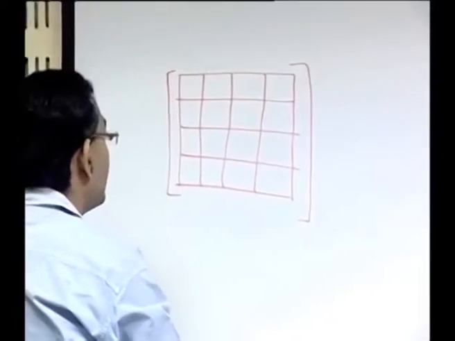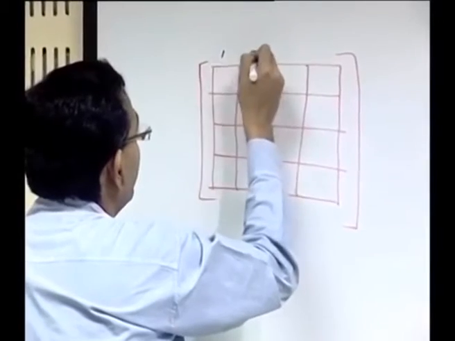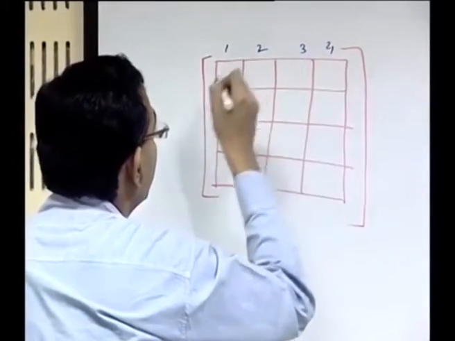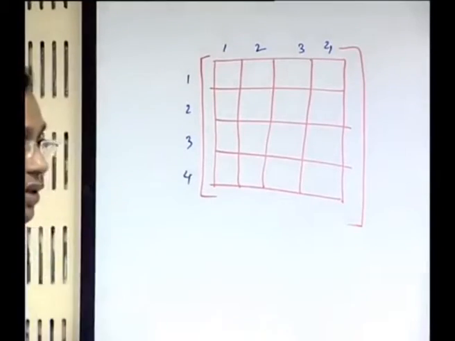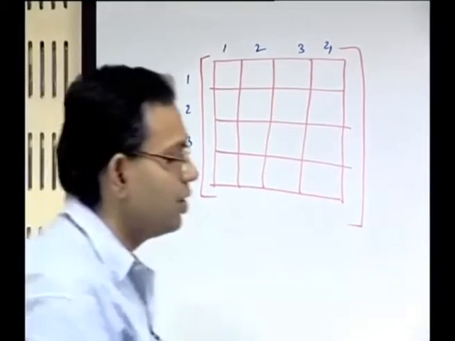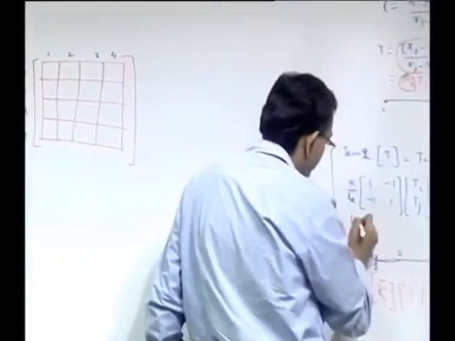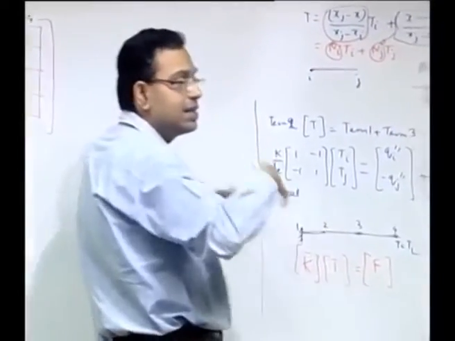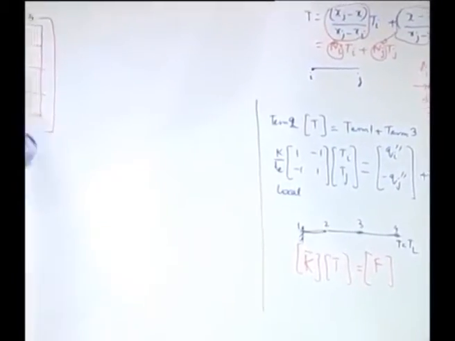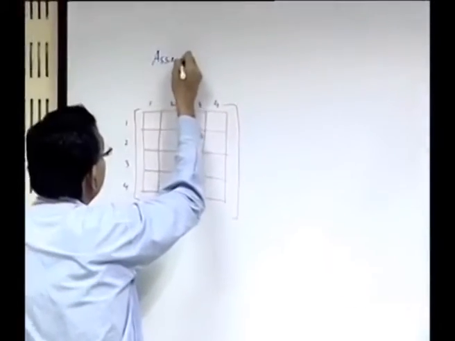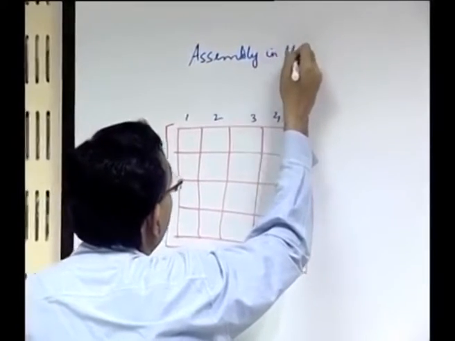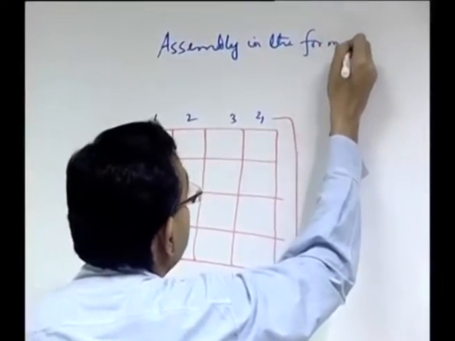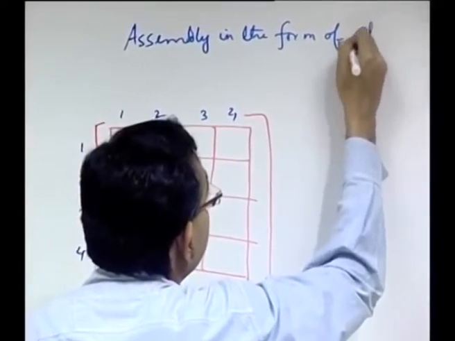We just indicate the number of rows and columns by 1, 2, 3, 4 and 1, 2, 3, 4 just for our own convenience. So, this is the local formulation, and we are now trying to globalize it and assemble it in the form of a global matrix. That is what we are attempting.